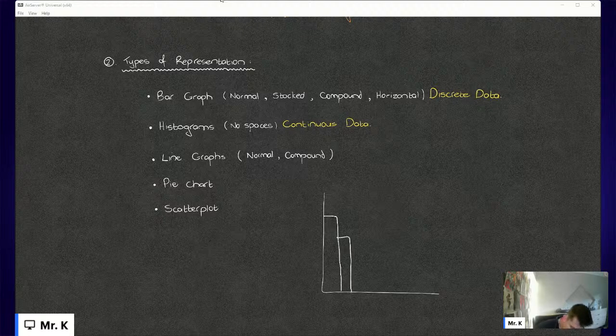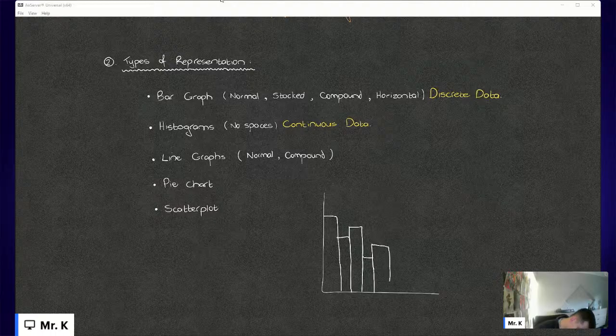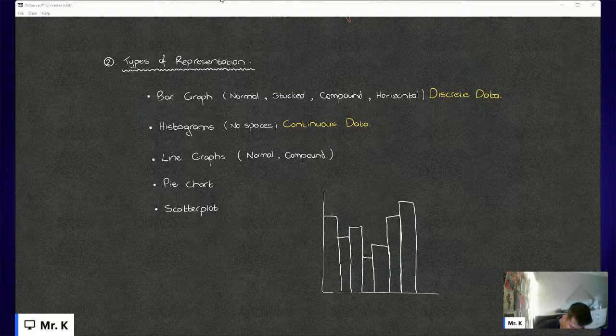And the reason that we do this is to show the idea of continuity, grade 8s, right? When all the bars are touching, it's showing how things are progressing over time. And it is very helpful for continuous data.